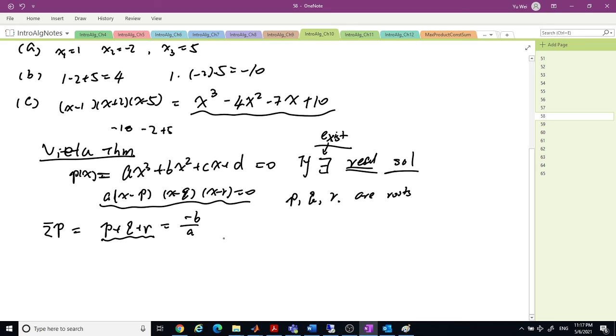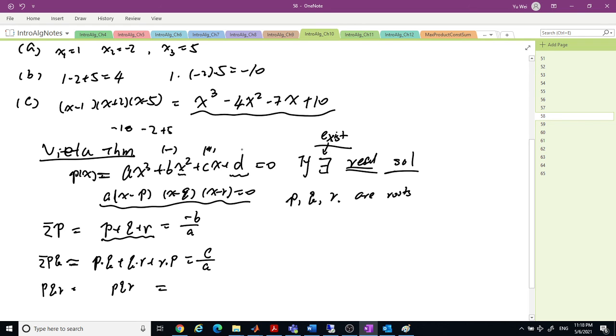The first term is negative, and next we write pq, the cyclic rotation of the product of two roots, meaning p times q plus q times r plus r times p, any permutation of pq. It equals, this is positive, c over a. Now pqr is equal to negative d over a.